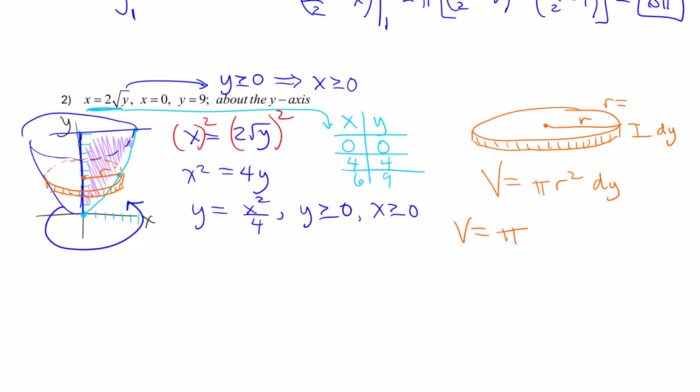So the r's are extending in an x direction, and x is defined for us as 2 square root of y. We're just using the definition that we see for x given for this curvature in our object. So we're going to replace r with 2 times the square root of y, which means our volume is going to be pi times that squared. So instead of r, I'll put 2 square root of y in parentheses, and I'm going to square that. And then, of course, we have dy at the end representing our thickness.